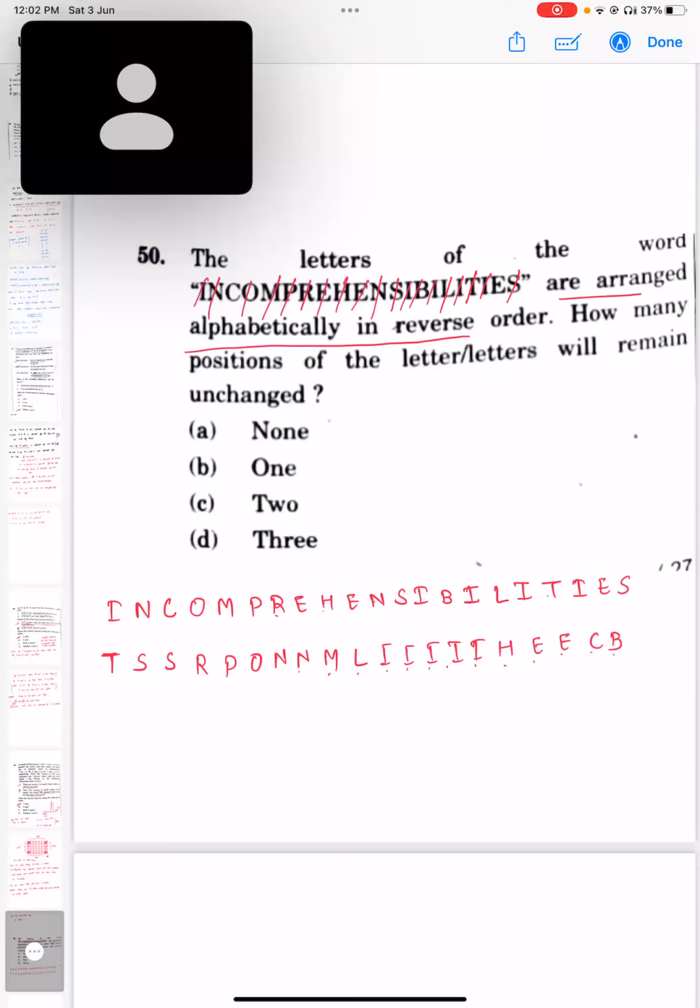So if you got the idea of the question, you have INCOMPREHENSIBILITIES with you, and you just need to write it in reverse order.